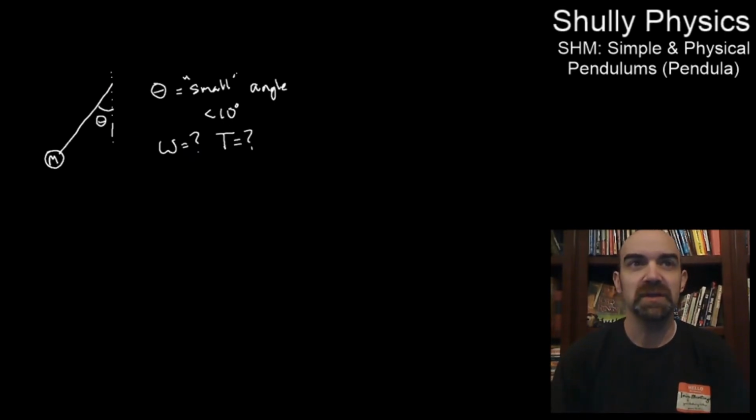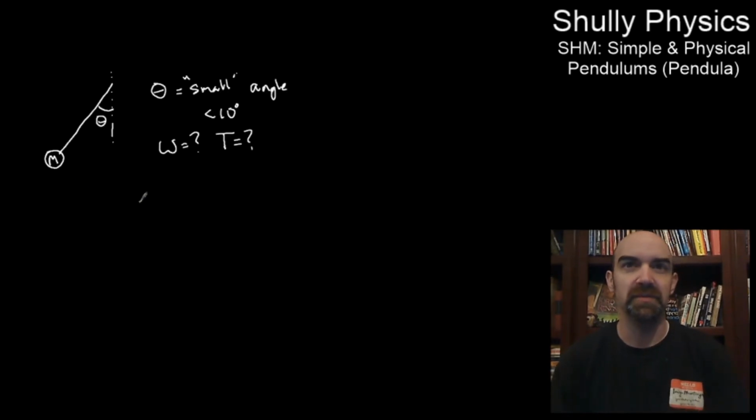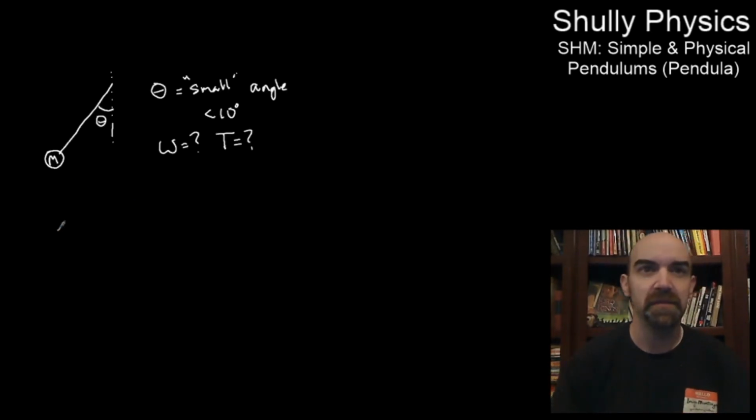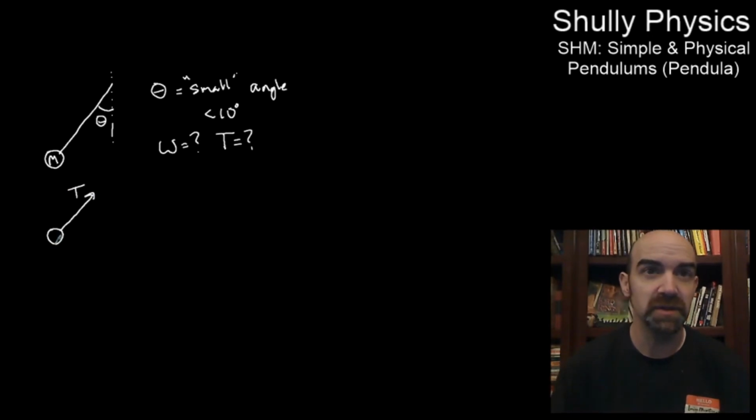All right, so just like the mass on the spring, what we're going to do is draw a force diagram and apply Newton's second law and see how we can come up with an omega and a period from that, a T for the period. Here we go. We've got a force diagram. There's going to be a tension in that string, and there's also going to be a weight.